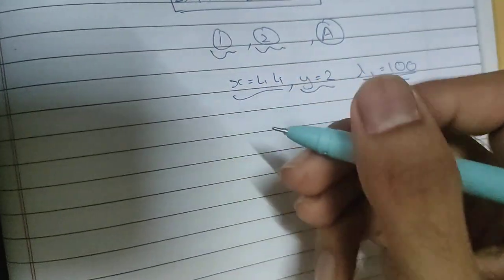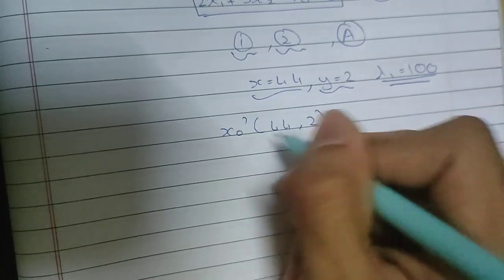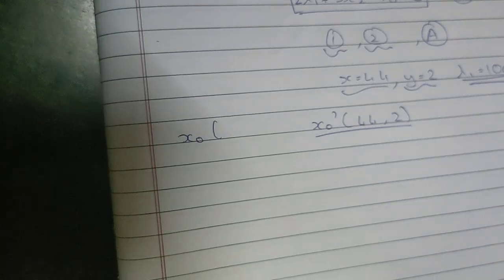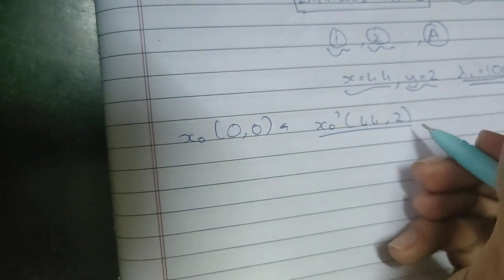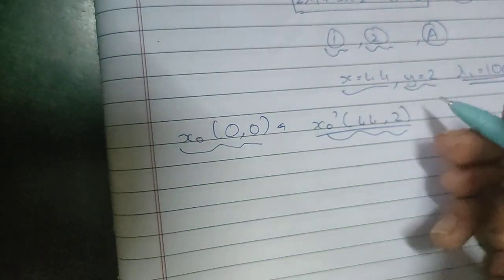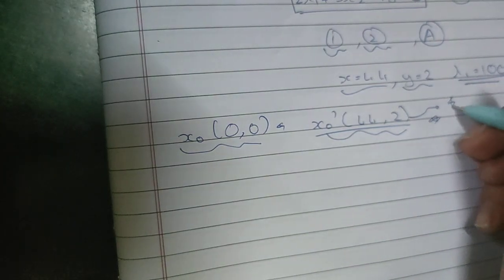So now we got another stationary point. Let's call it x0 dash, 44 comma 2. Our first stationary point was x0 is 0 comma 0 and the other one is 44 comma 2. Now in order to check which one is valid, I think we can substitute this in equation number 3.